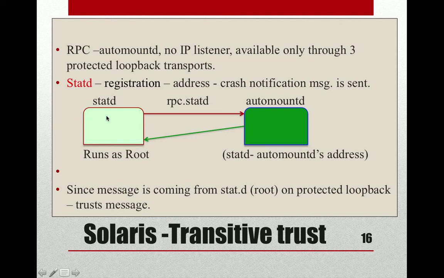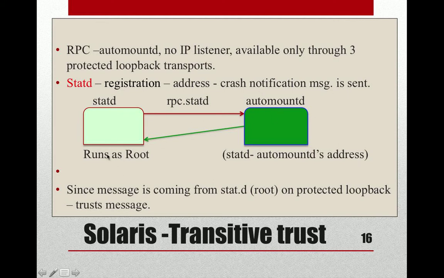This status service reports on changes in states, and more specifically on servers that have gone down or are out of service. When that happens, this process would send out a message. Normally that's going to send out a message when servers go down, but this time an attacker is going to have it send a message to automount.